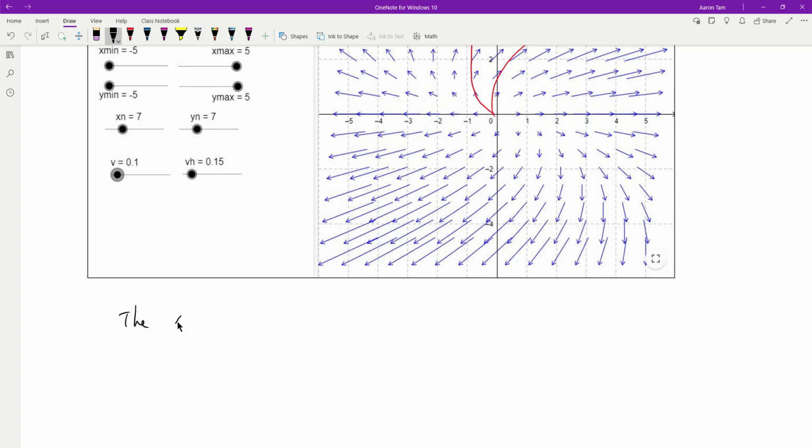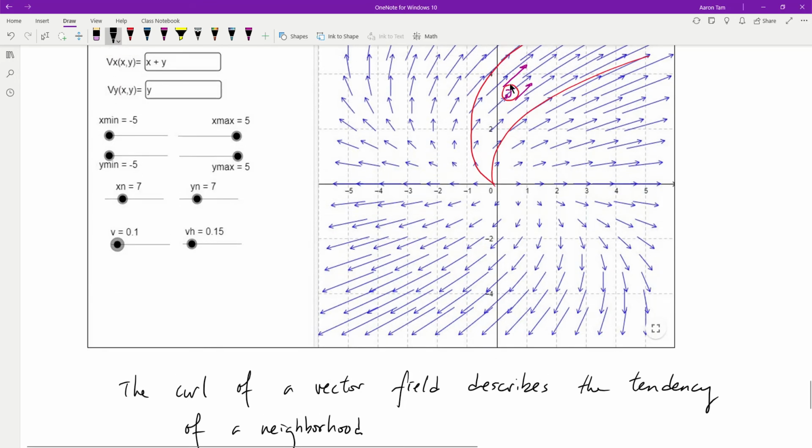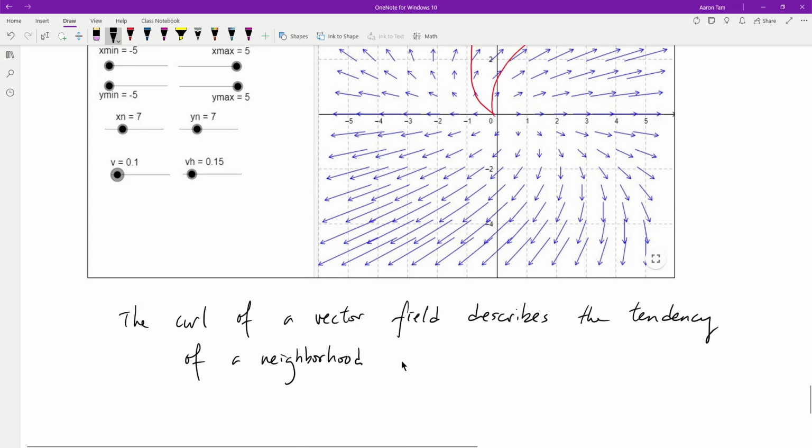The curl of a vector field basically describes the tendency of a neighborhood, which is basically what this small disk represents, a neighborhood around a point, to rotate due to the flow of the vector field.